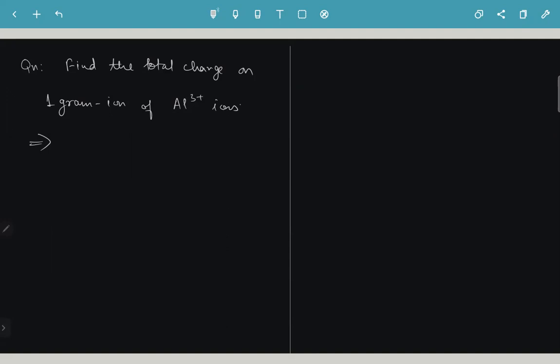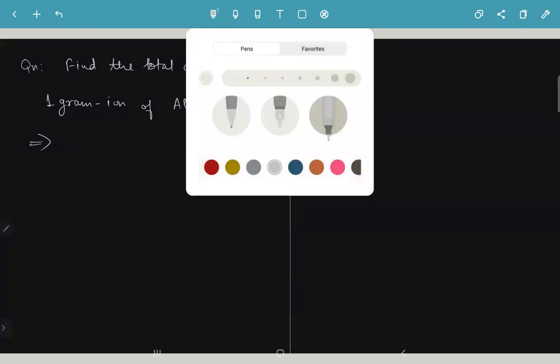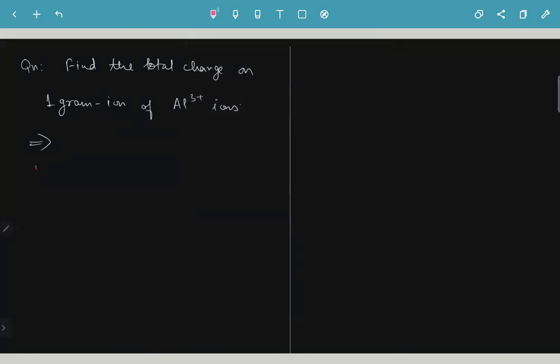To find the total charge on 1 gram ion of Al3+ ions, let us solve this. 1 gram ion of Al3+ is effectively 1 mole of Al3+ ions. So that means Na ions of Al3+.